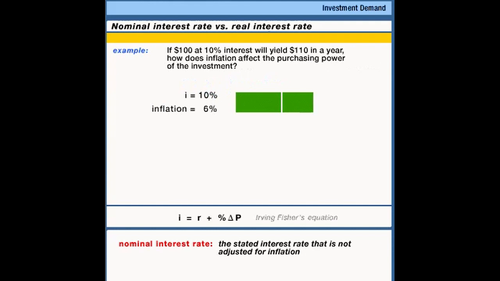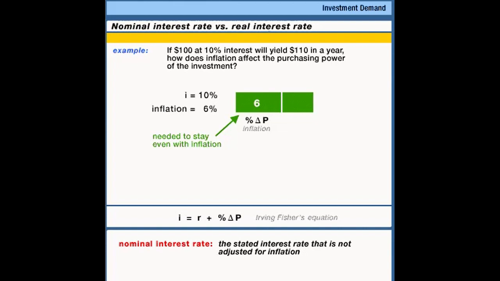If the rate of inflation is 6%, then of this 10% that you're getting, it takes 6% just to keep your purchasing power constant, just to keep your purchasing power from shrinking. That means the remaining 4% is actually an increase in your purchasing power. That is, after prices have risen, your $110 that you get at the end of the year actually allows you to buy 4% more stuff than you could have bought last year.